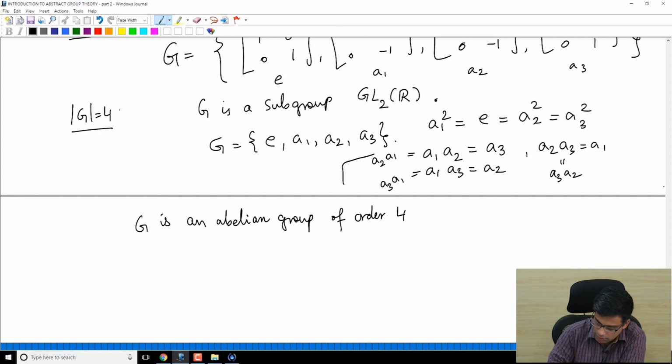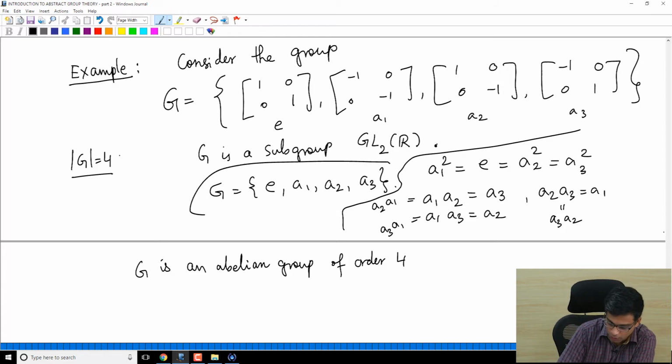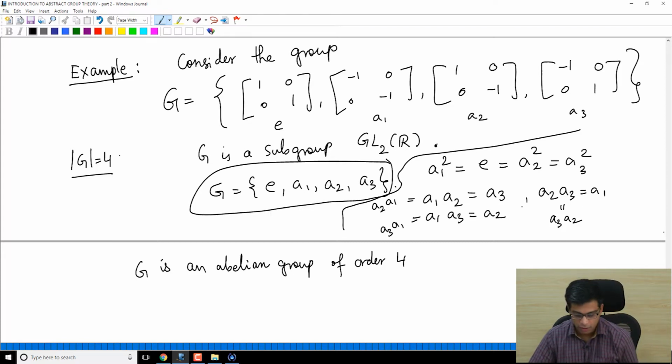Okay, so that's easily verifiable from the given format. So these matrices are given, you multiply the matrices. If you do not know the matrix theory to see how to multiply matrices and so on, don't worry about it. Just think of G as a group like this with these operations, with this multiplication table.